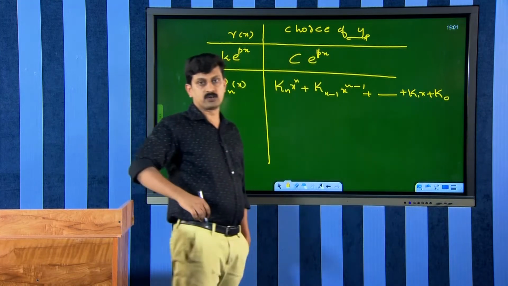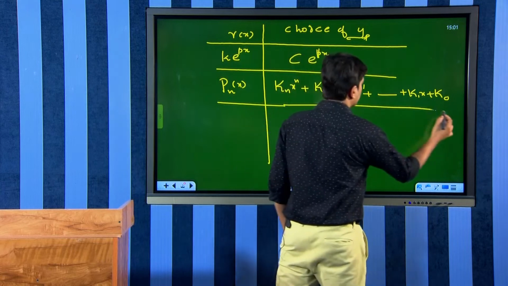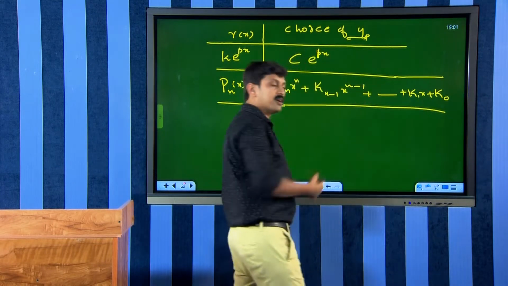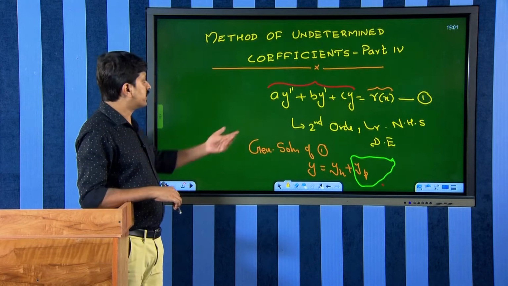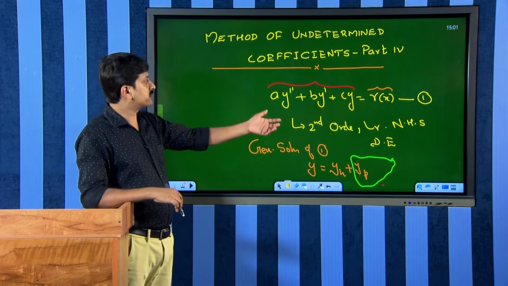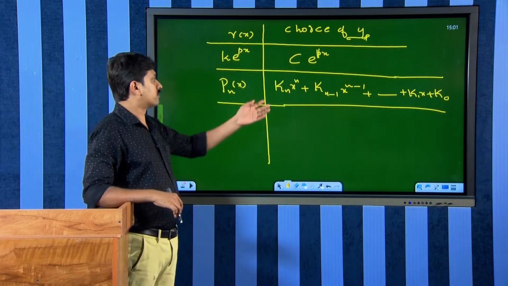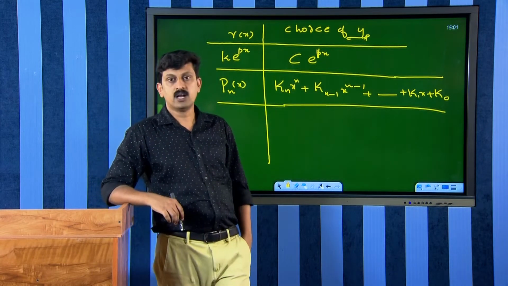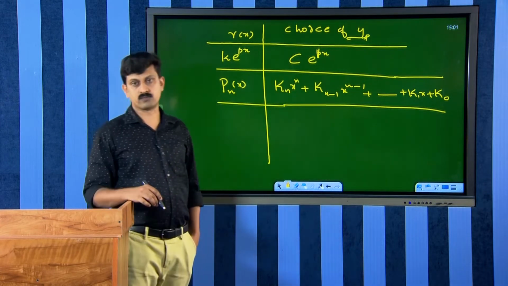We find yp dash and yp double dash, and apply them into our original differential equation, equation 1, to find the values of k1, k2, up to kn and k0. So we will have a particular solution yp.